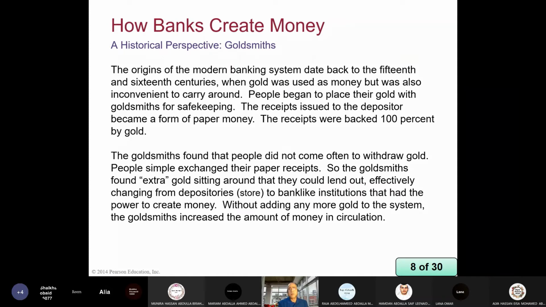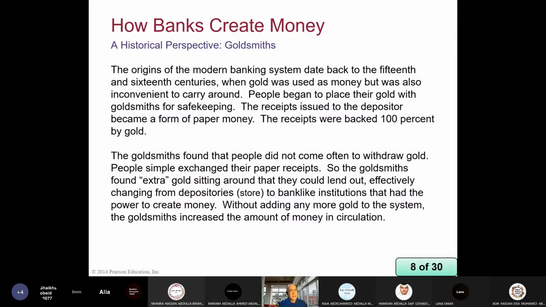So the duty of the goldsmith is just to keep my gold safely. So the receipts were backed or supported 100% by gold, because at any time I can claim it by showing the receipt to the goldsmith. So now the receipts work as paper money.